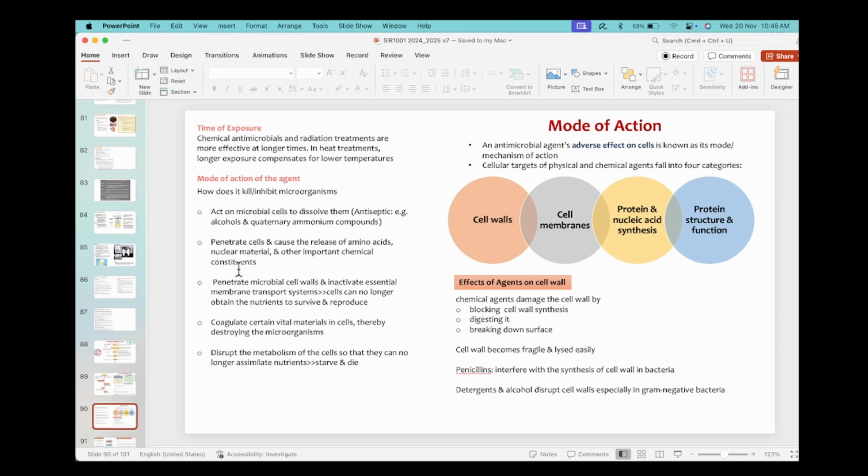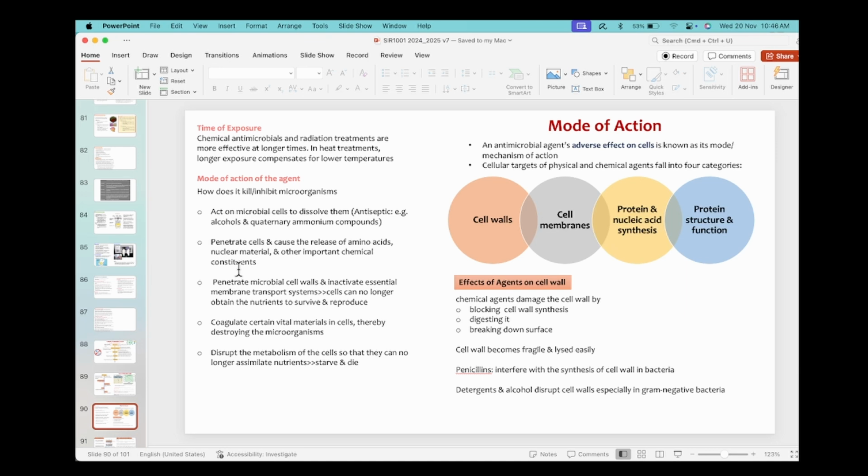For mode of action, so how does the chemical that you use, or how the process you use, kill the bacteria? So these are mainly antimicrobial agents' mode of action. Usually the mode of action can be the focus is on cell wall, cell membrane, protein and nucleic acid synthesis, protein structure and function.